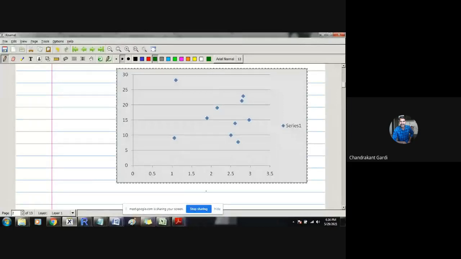Suppose there is one observation that lies somewhere here. Now consider the distance of this observation from this particular observation and this observation.